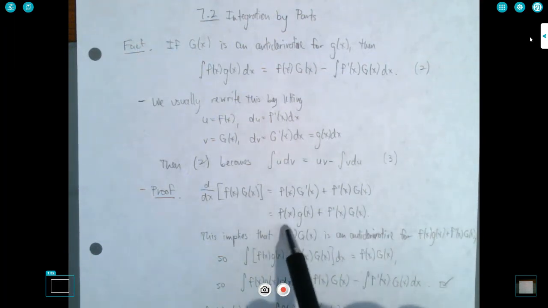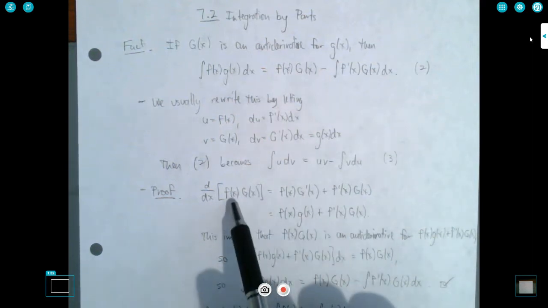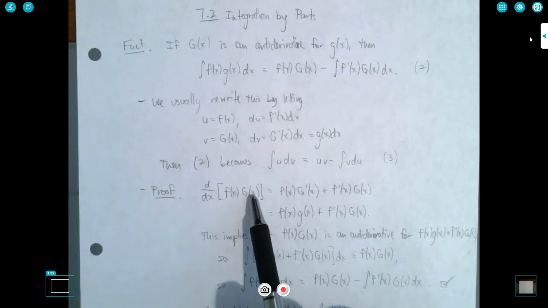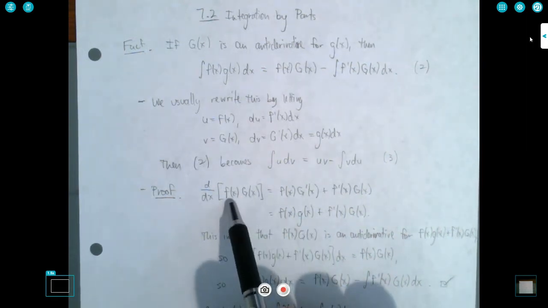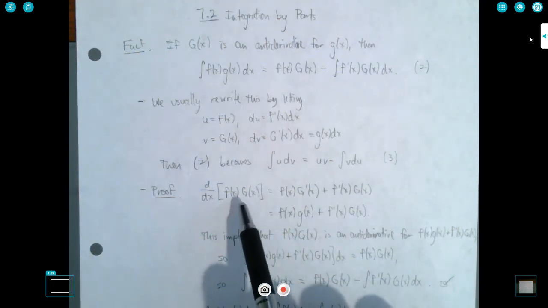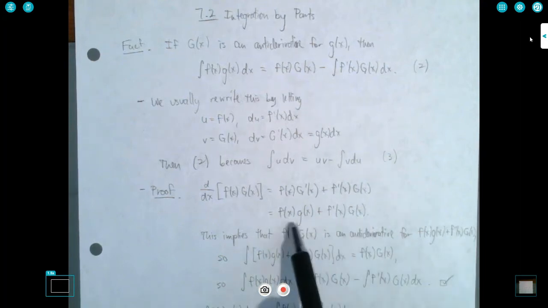Now, that implies that this thing right here is the derivative of that. That means that this f times capital G is an antiderivative for this.